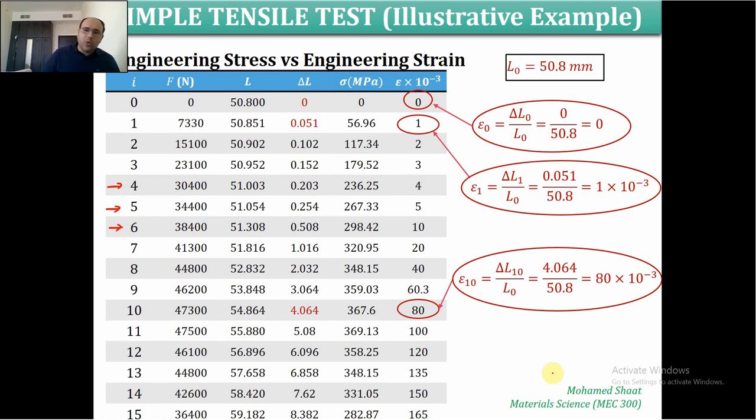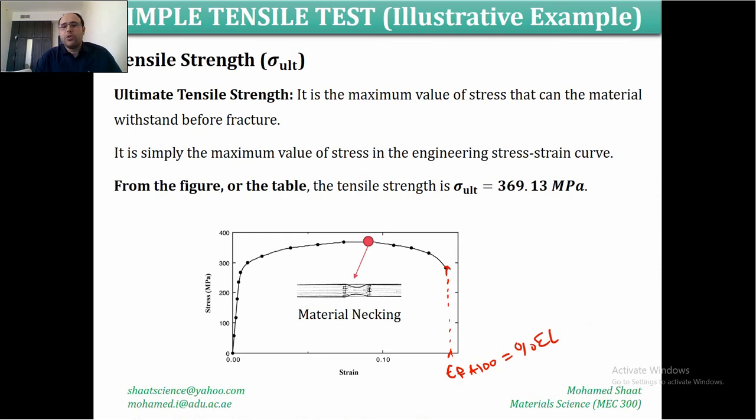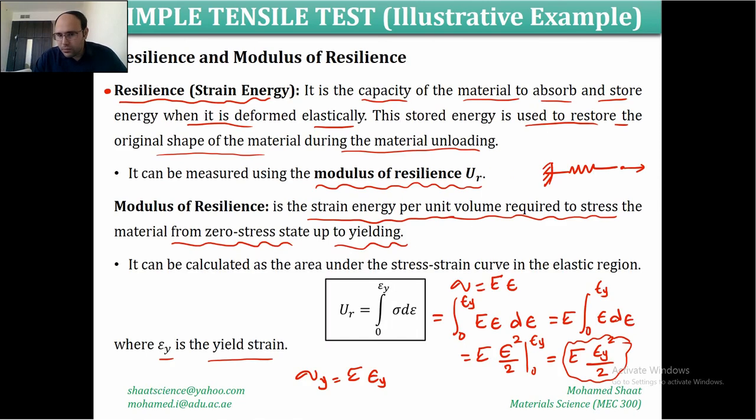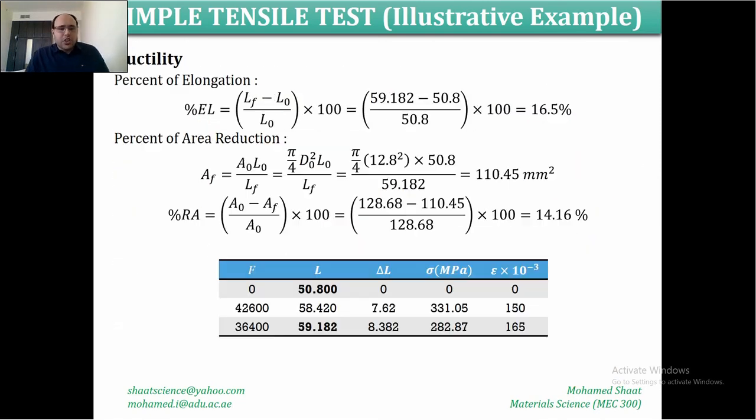If you multiply 165 times 10 to the power negative 3, because the strain has a common factor of 10 to the power negative 3, times 100, this is going to give you 16.5, which indicates that the percent of elongation as a measure of ductility of this material is 16.5%. Make sense? Also, we can measure it based on the percent of area reduction.